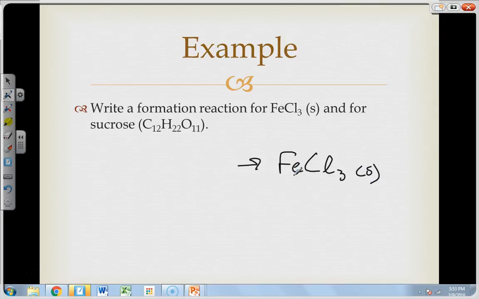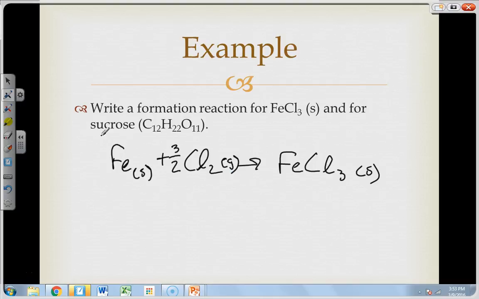Now iron, Fe, is going to be a solid. And then chlorine is Cl2. It's one of the diatomic elements, and so it's found as Cl2, but how are we going to get these equal? You're going to make this 3 halves, or 1.5. So it's iron plus 3 halves Cl2 gives us this, and this should be a solid.